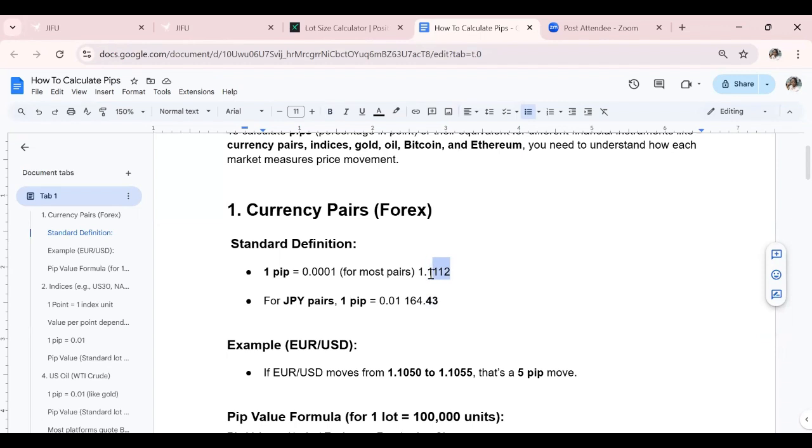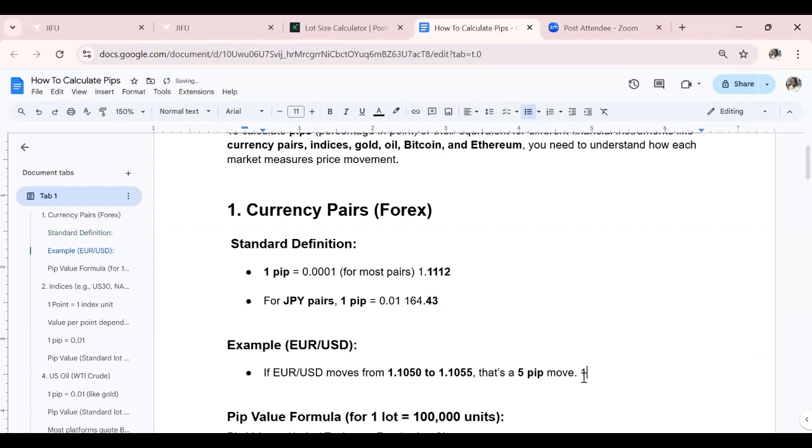And this is actually very important if you want to do your calculation. So now, let me use the example I put here. If Euro USD moves from 1.1050 to 1.1055, it's going up, so this is a buy. That's a 5 pip move.